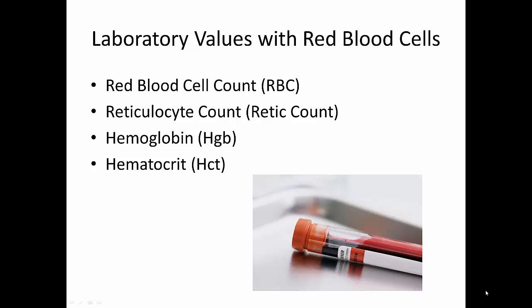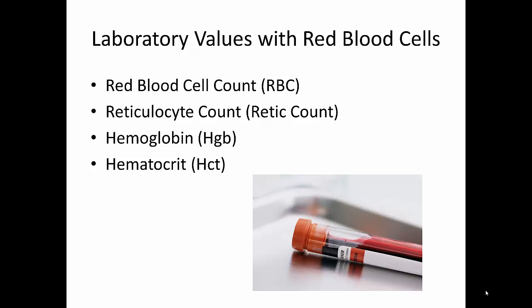Okay, so I'm backing up because for whatever reason I skipped this slide earlier, and I don't know how that happened, but it did. So I wanted to be sure and go through it. So red blood cell count is relatively obvious. We're looking at the number of red blood cells in a volume of blood.